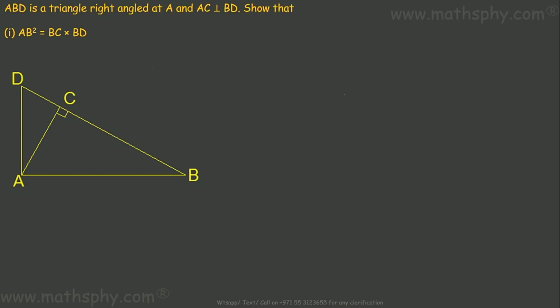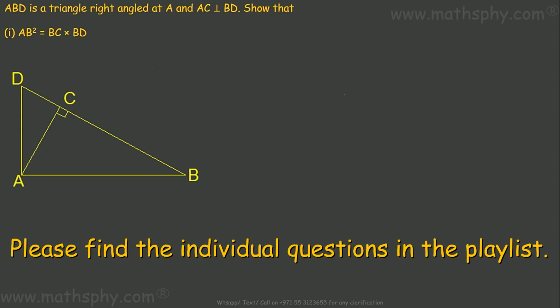Okay. First thing first, we know that as per this question, this triangle and this triangle would be similar, and both of them would be similar to the third triangle because ABD is a right angle triangle.